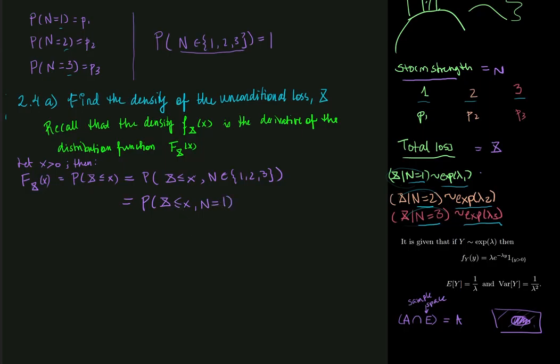So the probability of X being smaller than or equal to x and n equal 1, plus the probability of X being smaller than or equal to x and n equal 2, plus the probability that X is smaller than or equal to x and n is equal to 3.